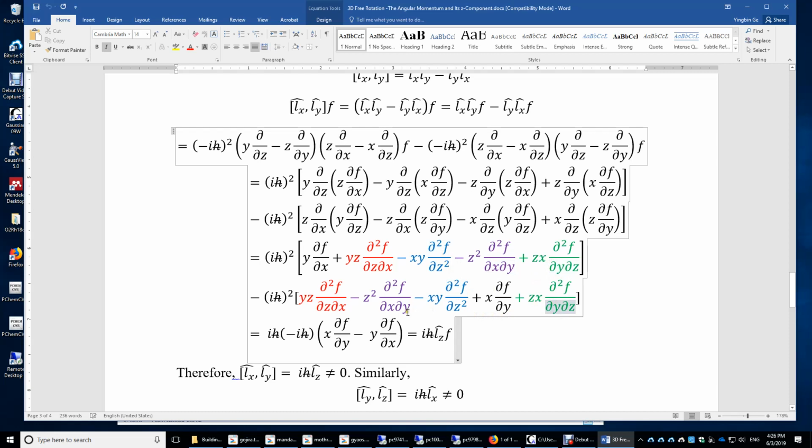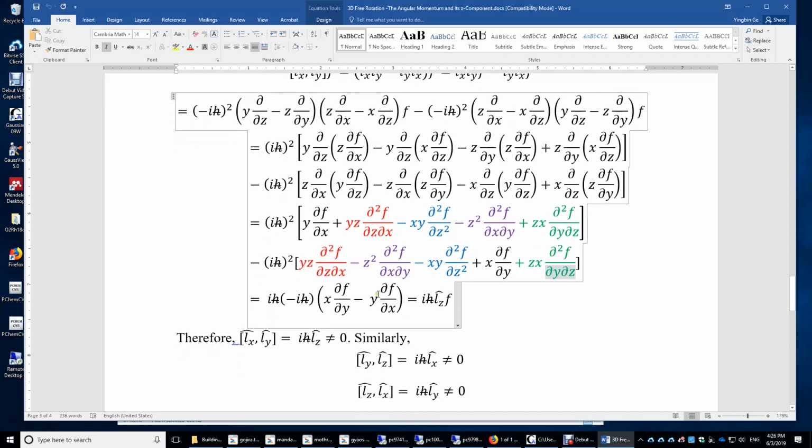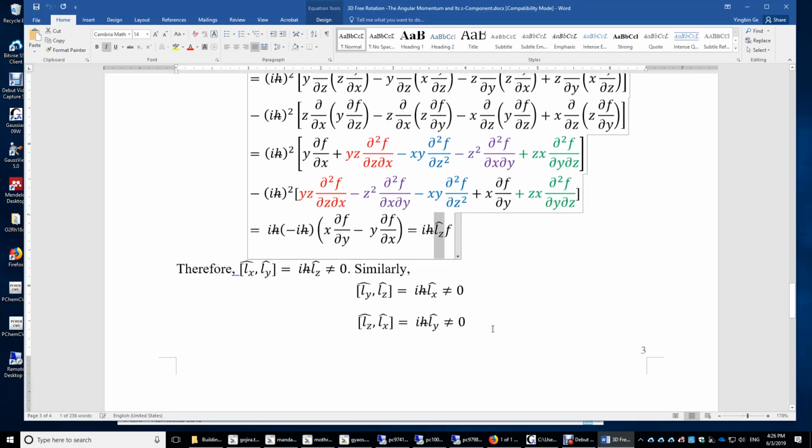The 2 green terms cancel. So in the end, it's actually pretty simple. It's just iħ times negative iħ times this guy. And what about this guy? This guy times negative iħ is simply the Lz operator. So in the end, the commutator of Lx and Ly is simply iħ Lz.